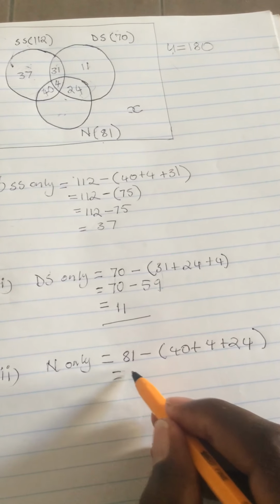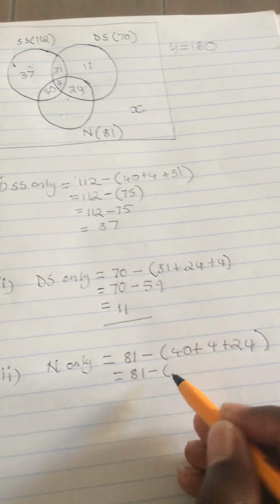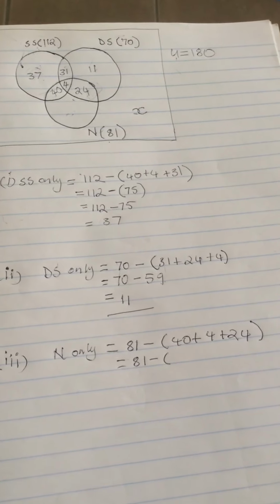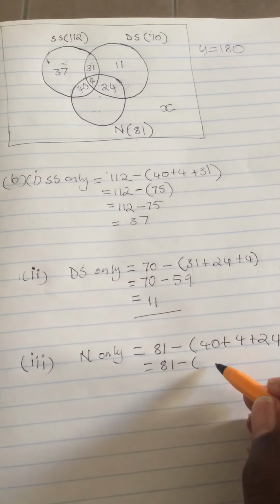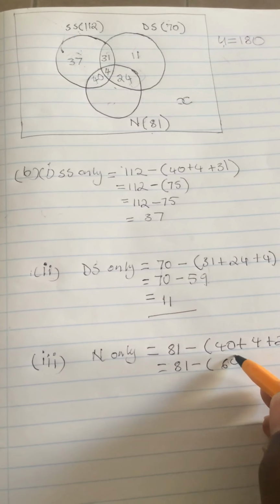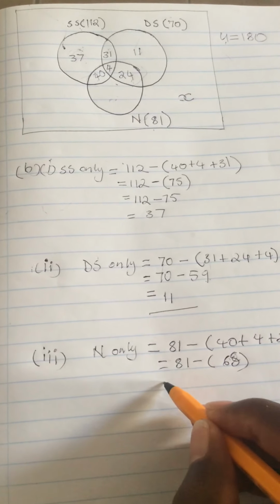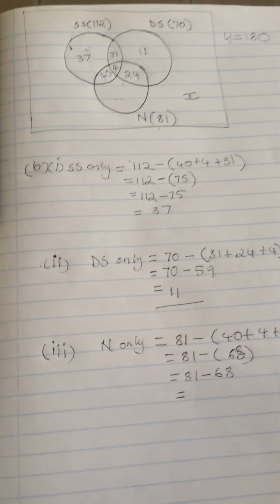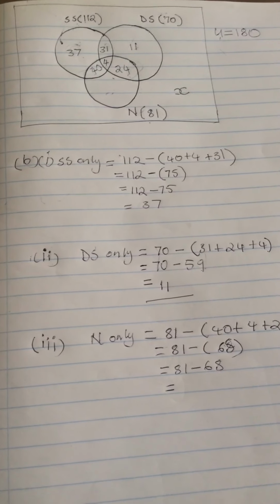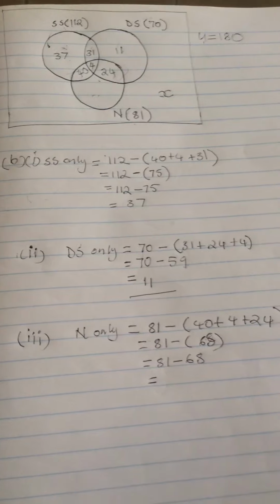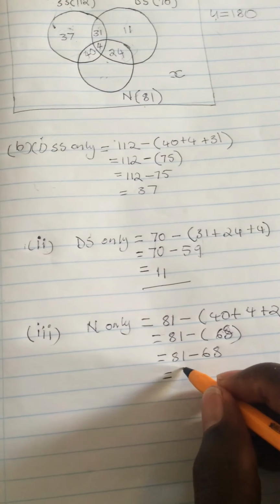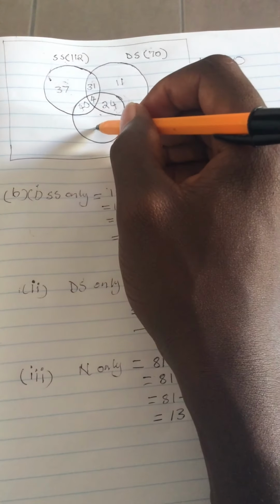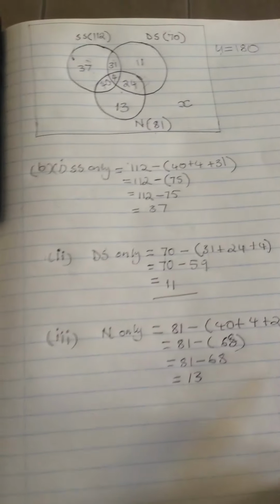Then we go, that equals 81. 40 plus 4 is 44. 44 plus 24, we get 68. So 81 minus 68 equals 13. So the number of students who chose networking only is 13.